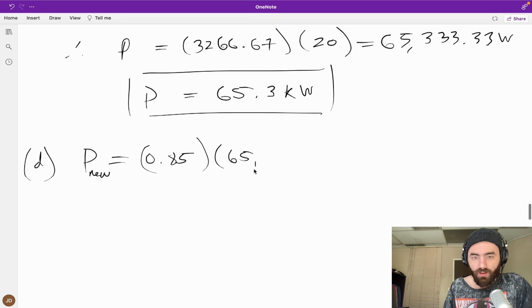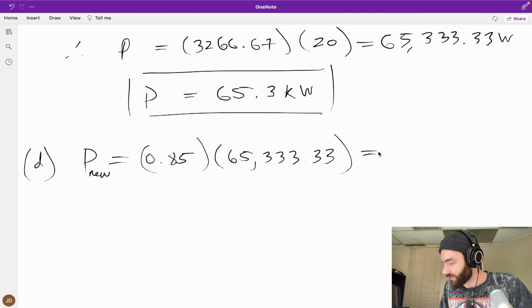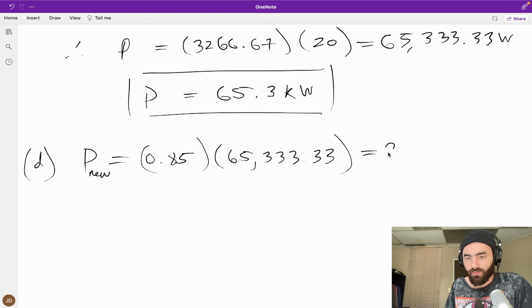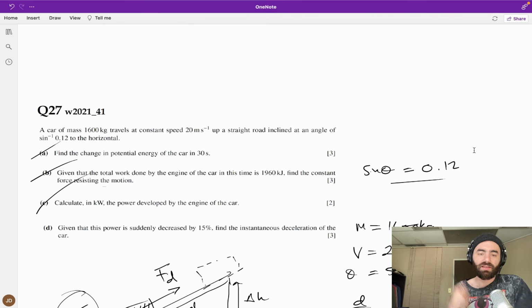By 65.3. Make sure you keep it not rounded till you get to the end. Times 0.85. New power is 2776.67 watts. So the engine suddenly decreases in power by 15%. So when it decreases in power, there's now instantaneous deacceleration of the car.